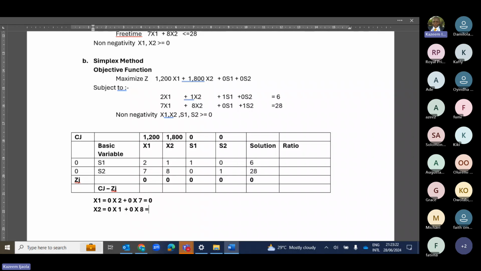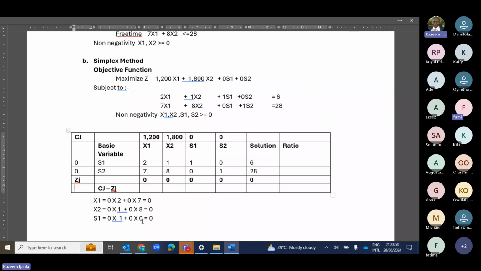It will return as 0. If you do it for S1, it will be 0 multiplied by this 1 plus 0 multiplied by this 0, and so you do it for all. Everything will return as 0. So don't bother yourself to calculate anything. For your first table, just put 0, 0, 0, 0 as your Zj.